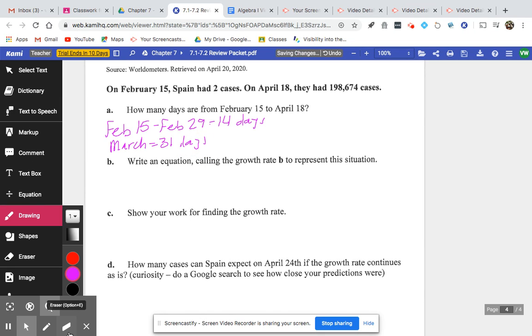And then April, so far we've only had 18 days, because that's when our cutoff is, April 18th. So we just need to add up everything here. Add this 18, this 31, and this 14. That is 45, 55, 63 days.